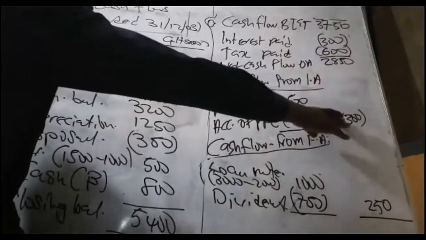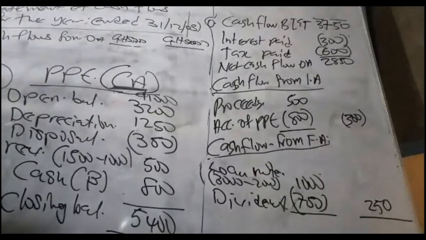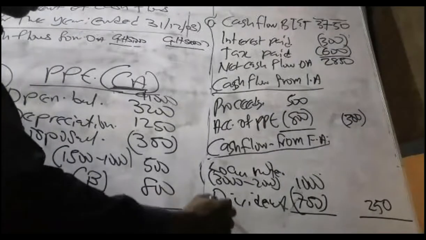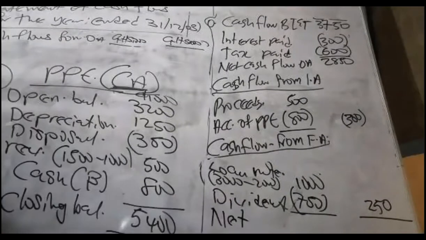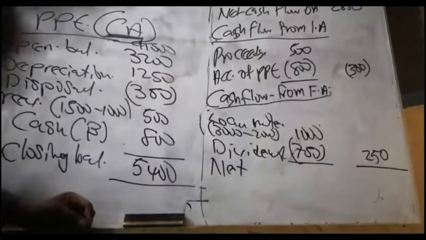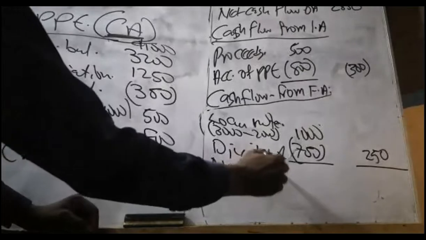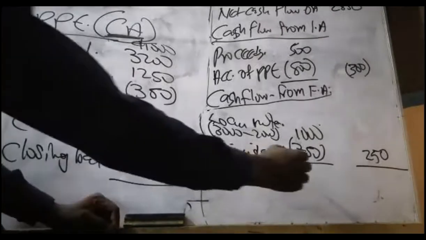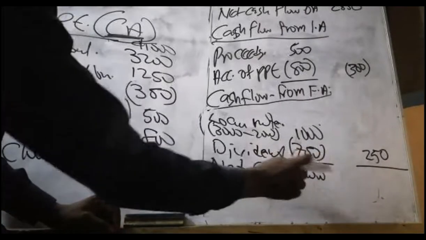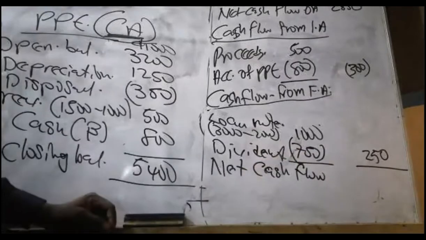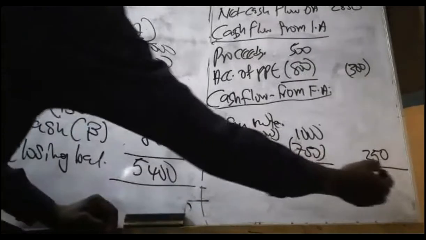Put all the three together. Then we will call it net cash flow for the year. Now here I will not write anything, because you're going to play a smart game here.